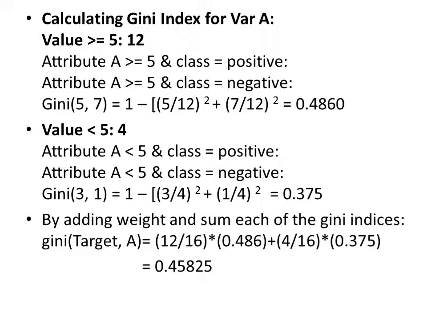So 3 by 8. 3 is the occurrences of A, and 8 is the total number, multiplied with log to the base 2 of 3 by 8, plus, coming to the second instance B, instances of B come 5 times, so 5 by 8 log base 2 of 5 by 8. So if we calculate, the value will be 0.954. So this is how the entropy is calculated.